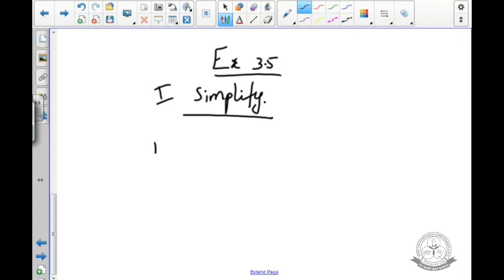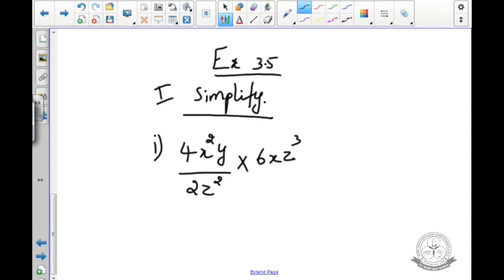The first question they have given is 4x square y divided by 2z square into 6x z cube divided by 20y power 4.